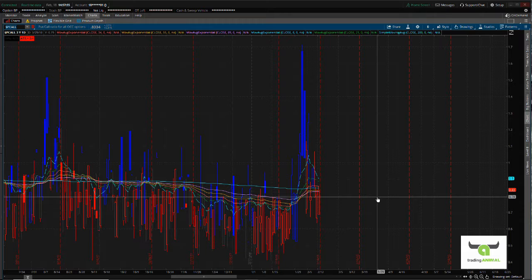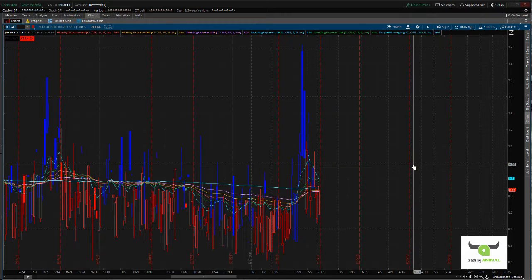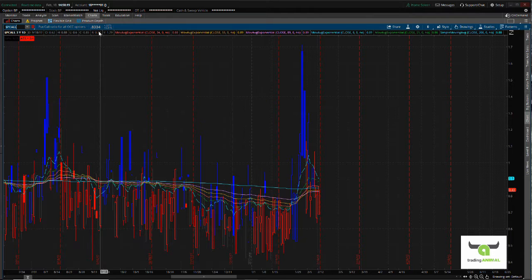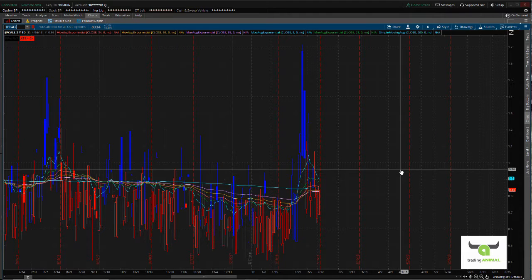And we like to look at 1.15: once it's above 1.15, that's a good confirmation of a positive reversal. As you can see, the last couple of weeks when we hit that low, that 200 simple moving average, the put-call ratio was all the way up at 1.7, so that's very, very high, and it has since come down. It's currently sitting at 0.83, so that is definitely a more manageable level. That is one thing to keep in mind when you're looking at what the market's going to do next.